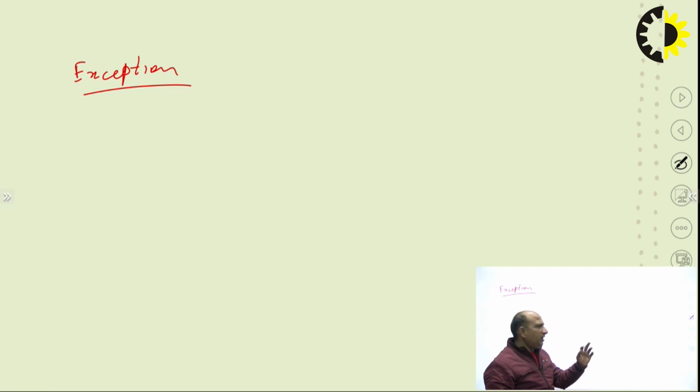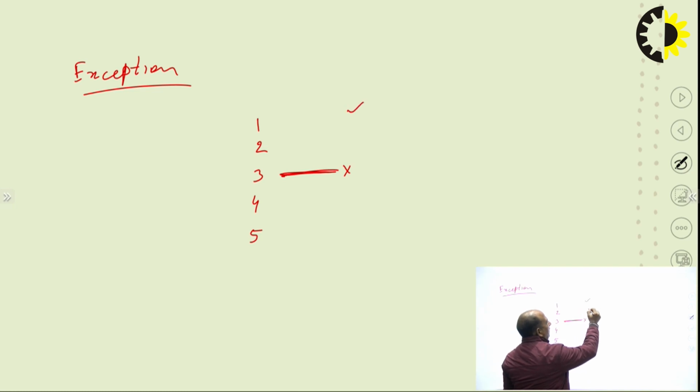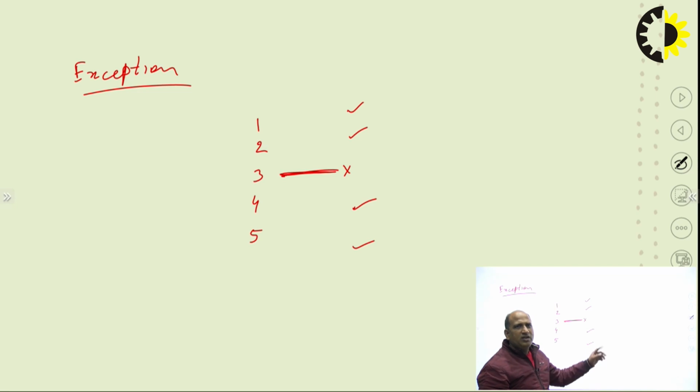So let's say I have 5 lines of code. Here there is some problem. This code is not correct. Line 1, line 2, line 4, line 5 all are correct, but line 3 has some error.